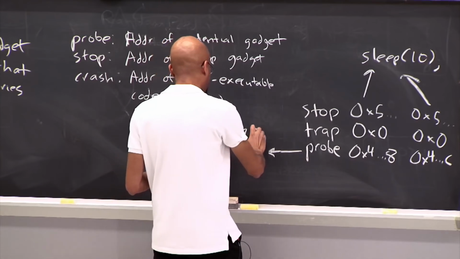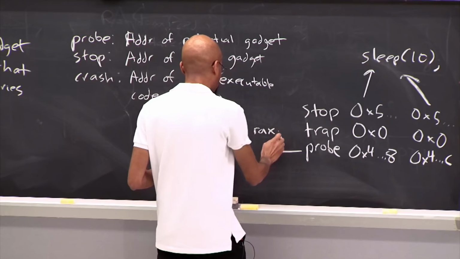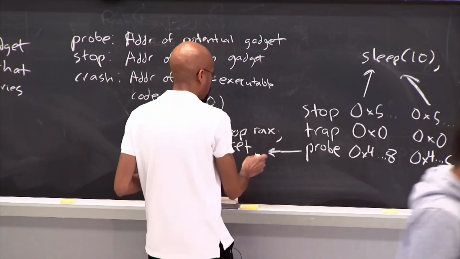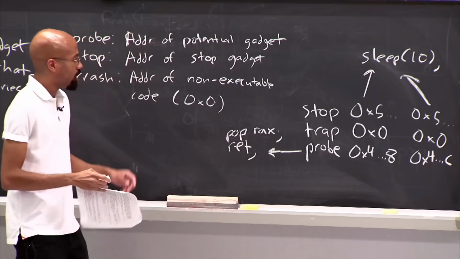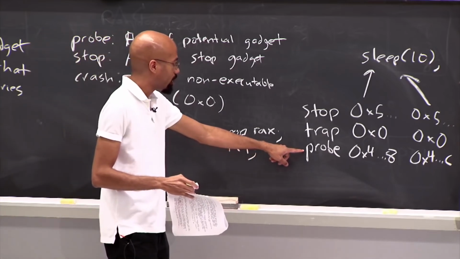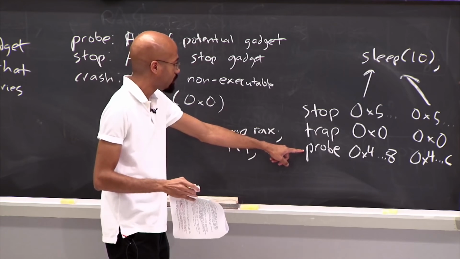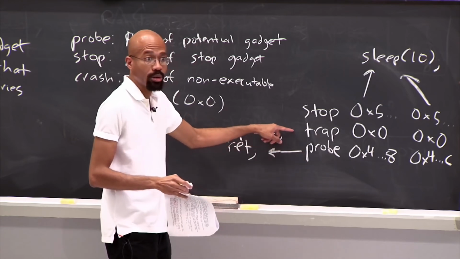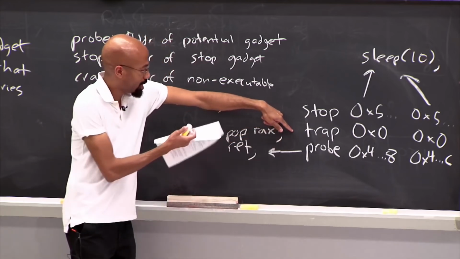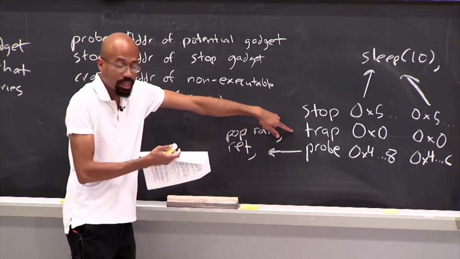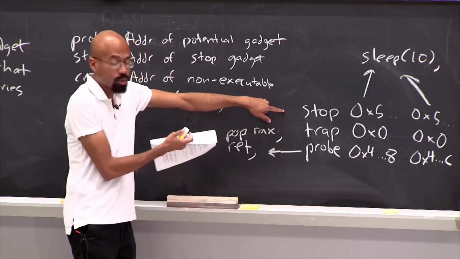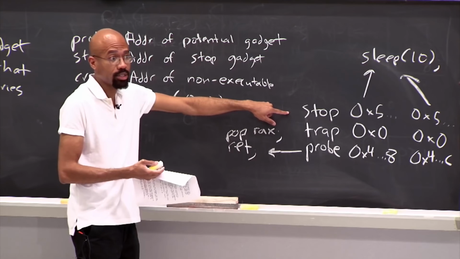We're going to pop some register, let's say rax, and then we're going to return. So what's going to happen here? Well, when the system jumps to this address, the stack pointer is going to move here. Okay. Now we're in the middle of this gadget, right? What's the gadget going to do? It's going to pop rax. Okay. Top of stack pointer is now here. Then it's going to return to whatever's the top of the stack, which is the stop gadget, right?